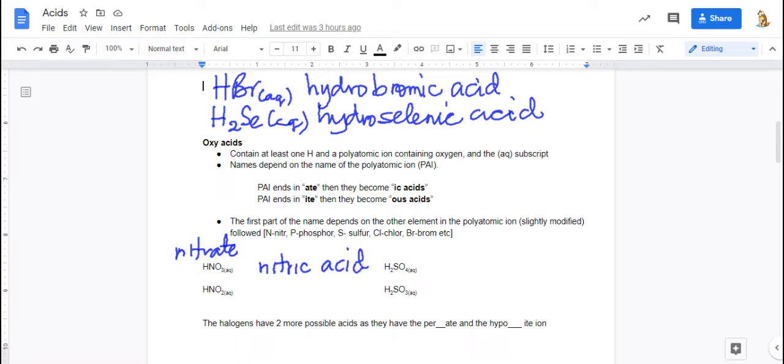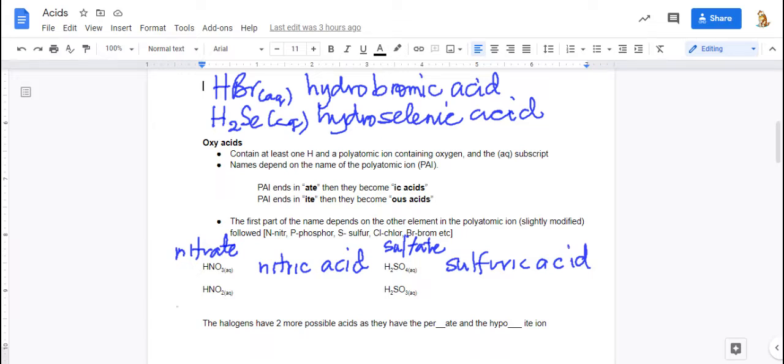The next example contains sulfate, SO4. So this becomes sulfuric acid. So you take the first part of the first element in the polyatomic ion and you add ic acid.